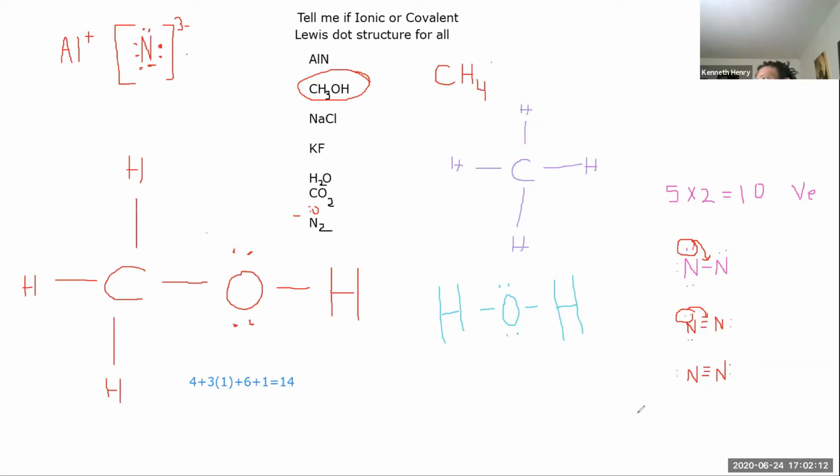Okay, so they both reached their octet. They're happy. That's going to be your structure. Okay. Piece of cake. I don't know if we're there yet, but better.